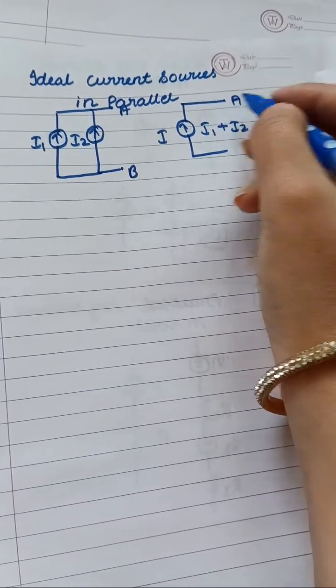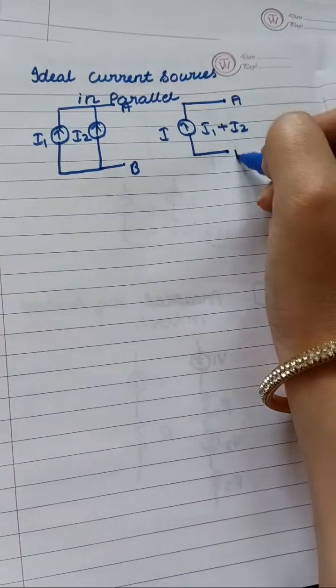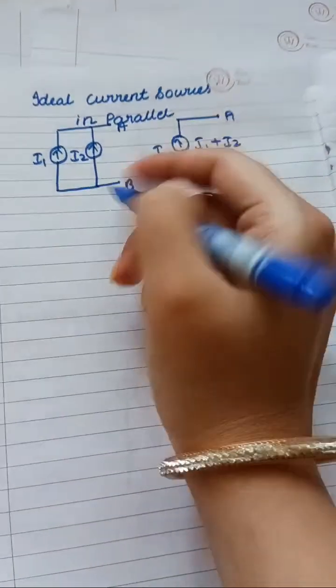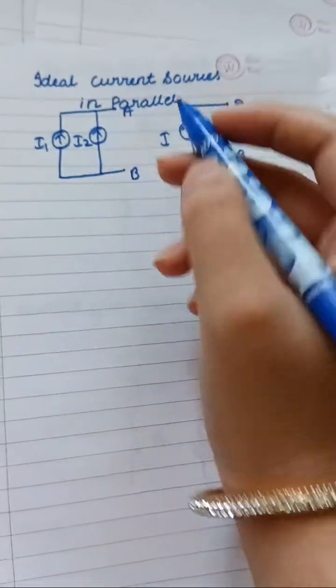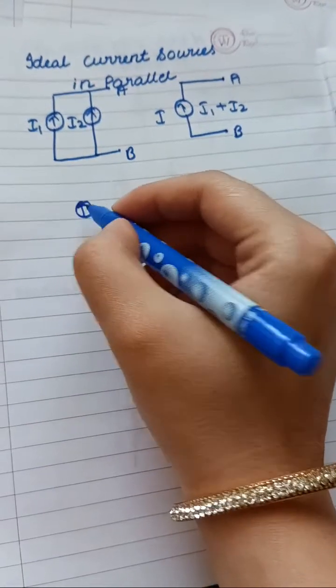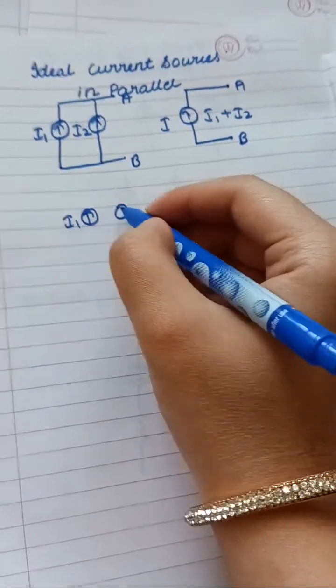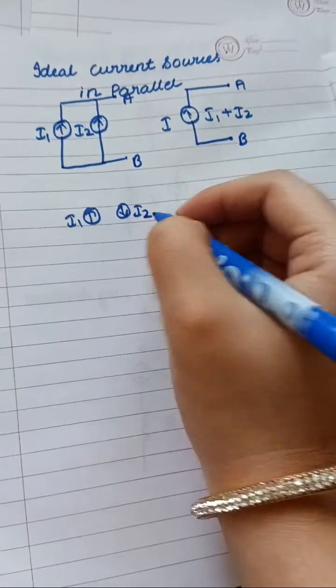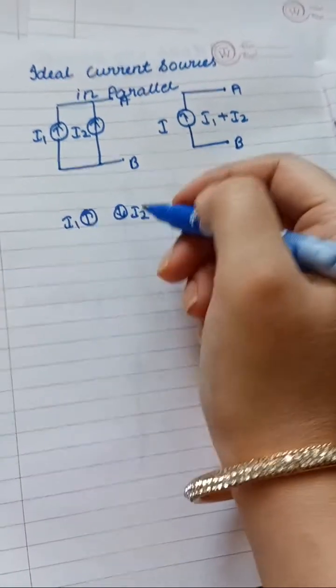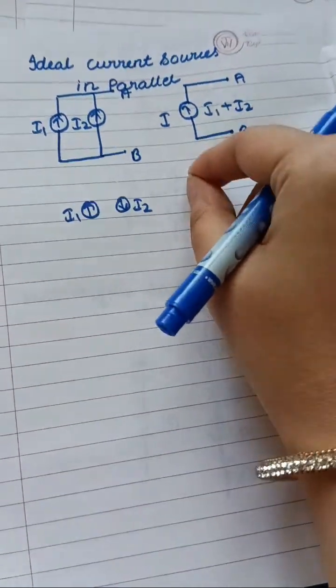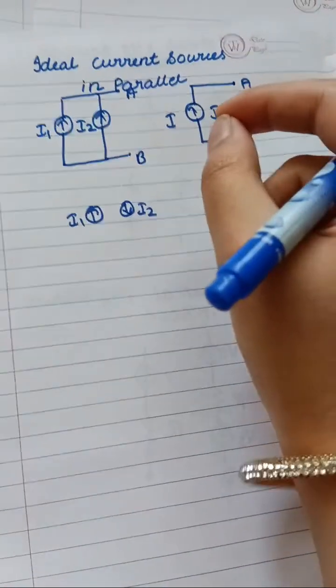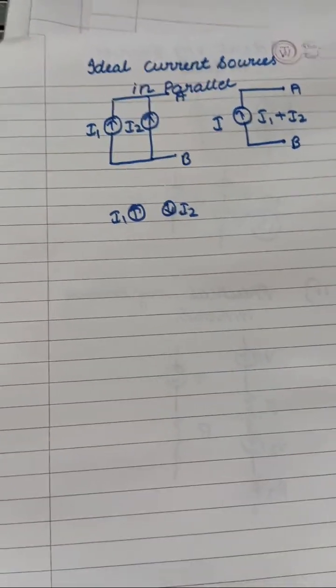And here also, if the polarities are different, say for example this is I1 and this is your I2, it goes according to the polarity, and whichever current is the highest, that polarity is taken into consideration, as I told you in the same case as per the voltage.